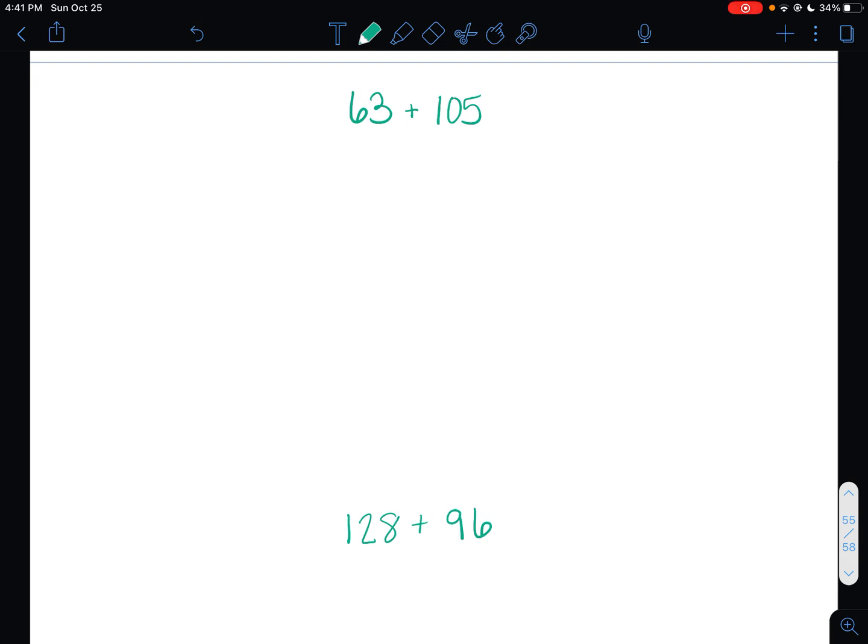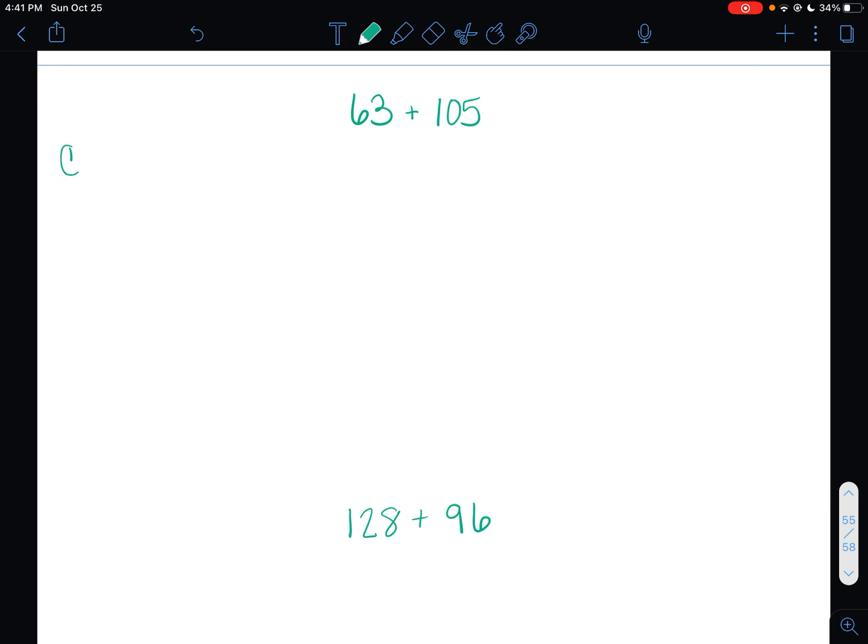The first step that you want to do in these problems is always to find the greatest common factor. So I'm going to find the greatest common factor of 63 and 105. I'm going to use the cake method. So the prime numbers that I can pull out: 2, 3, 5, 7, 11, 13.